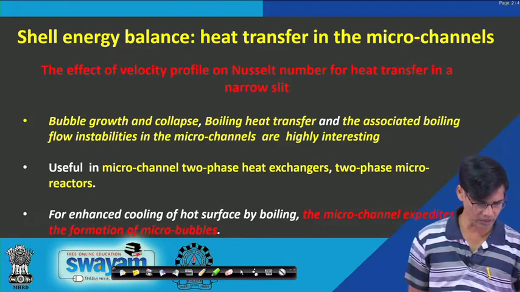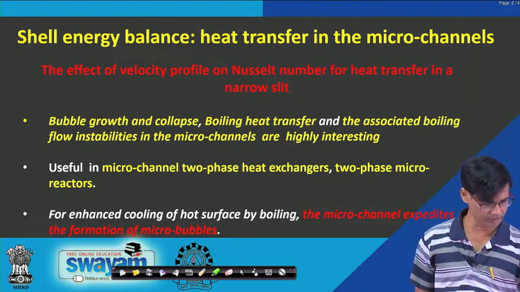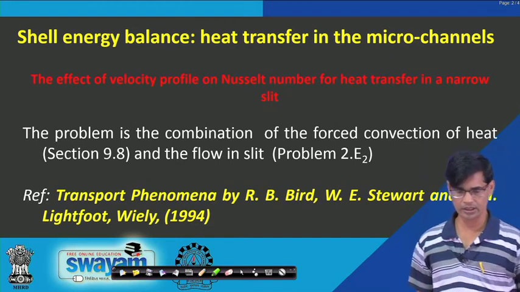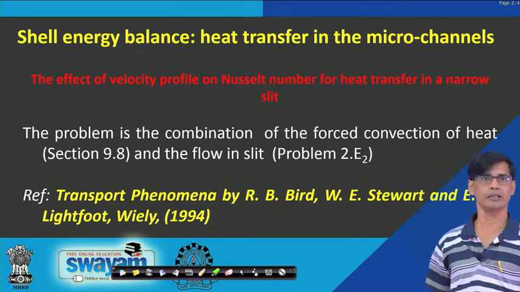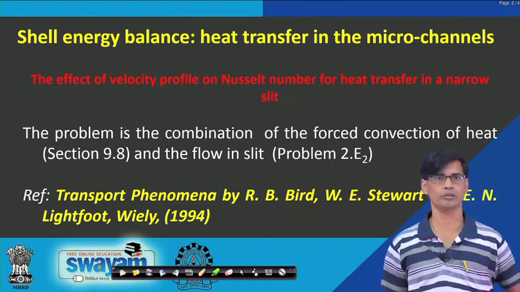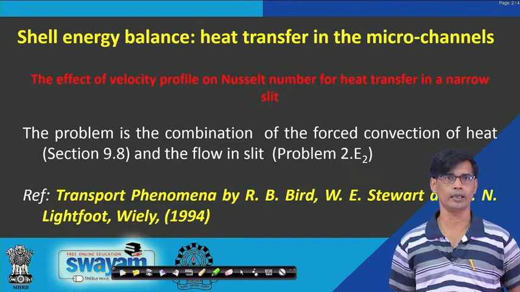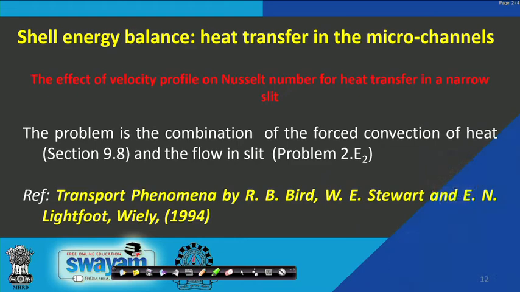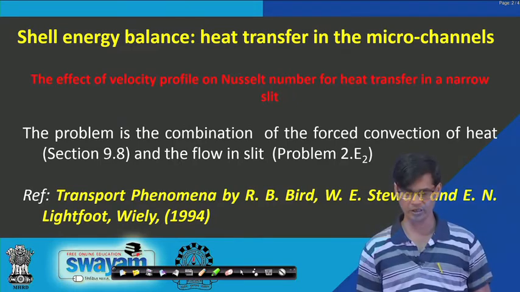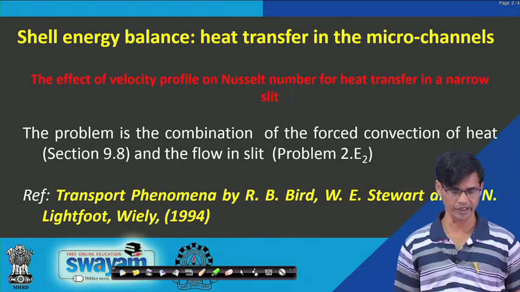Now, to show how we do the shell balance, I should refer once again to the Bird, Stewart, Lightfoot book, from which this problem has been taken, which is basically the combination of forced convection of heat and the flow in the slit: problem number 2E2 in this particular book, and convection of heat in section 9.8.